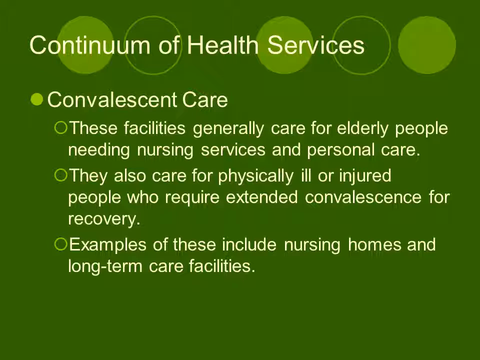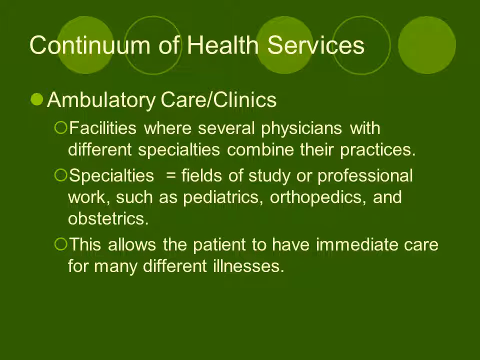You may have some that only need somebody to watch them until the children are off work or something of that nature. But when we talk about convalescent care, we can't talk about it without talking about how those individuals may have ended up in those different places.